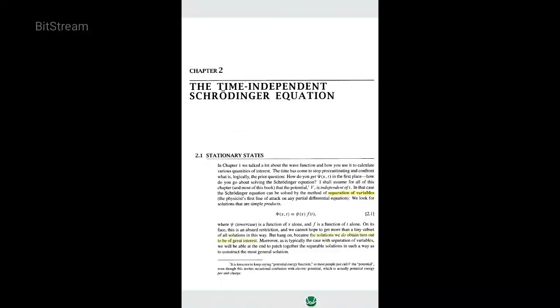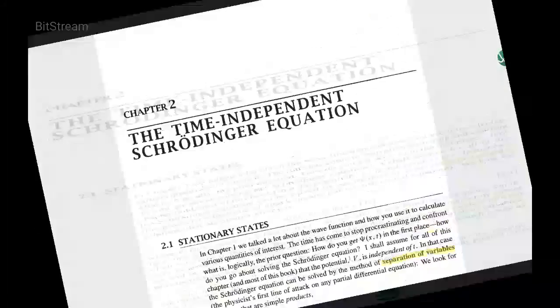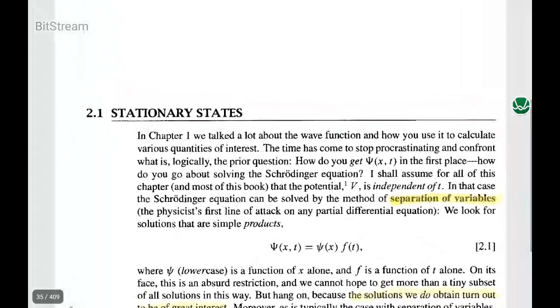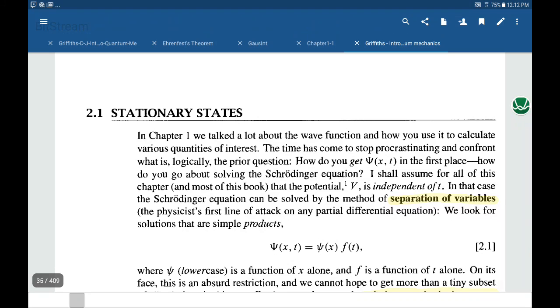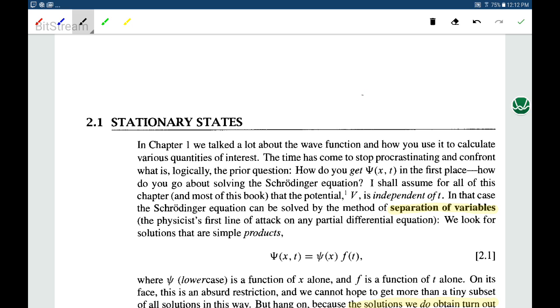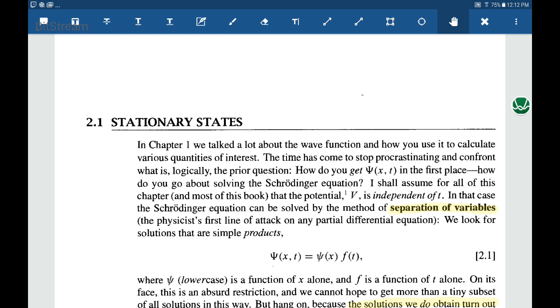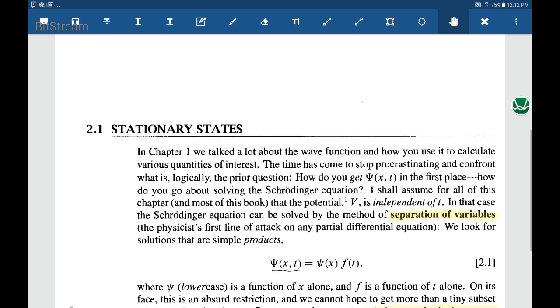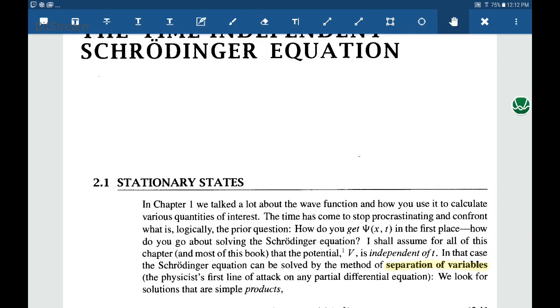What does that mean? So in our case, we are talking about a wave function, and our wave function, capital Psi, is a function of x and t, meaning if I were to plot this capital Psi as a function of x, it would have some shape.